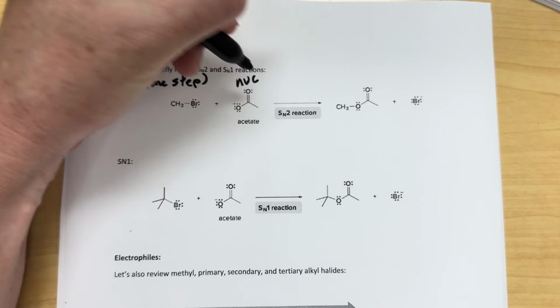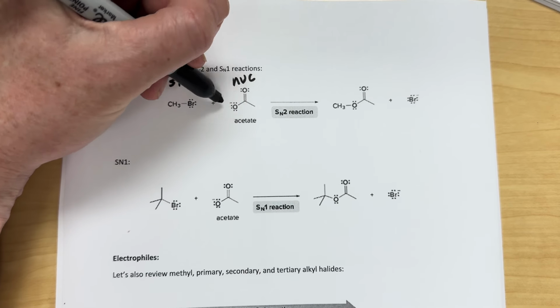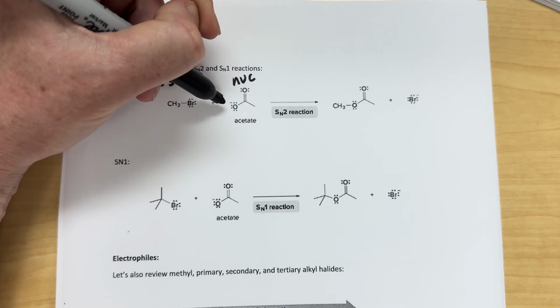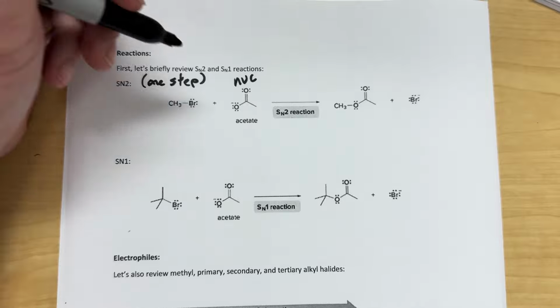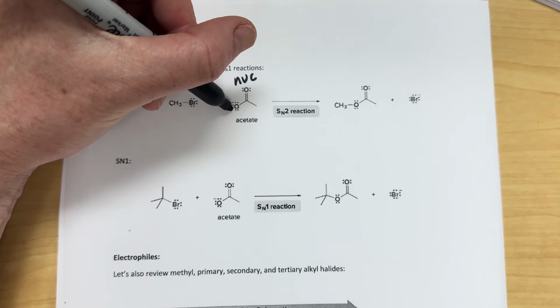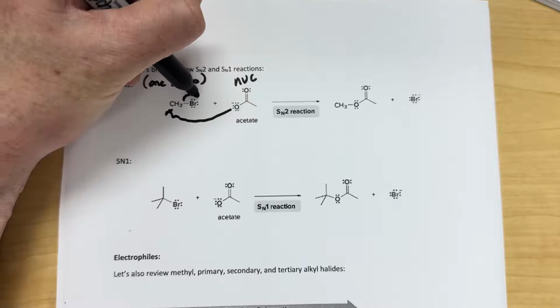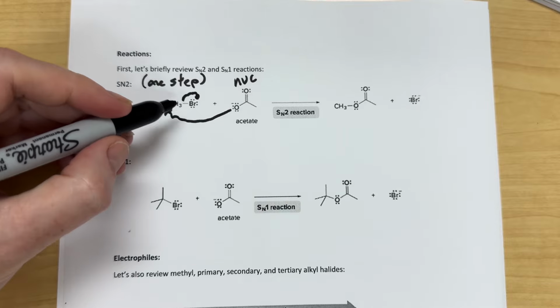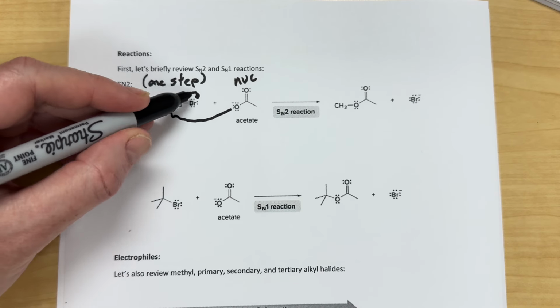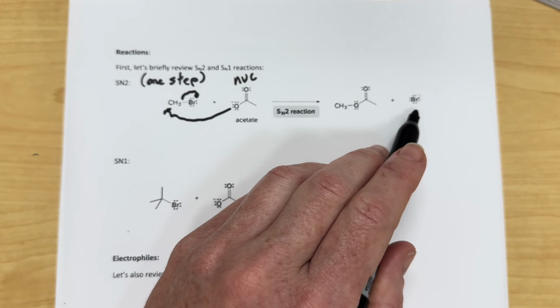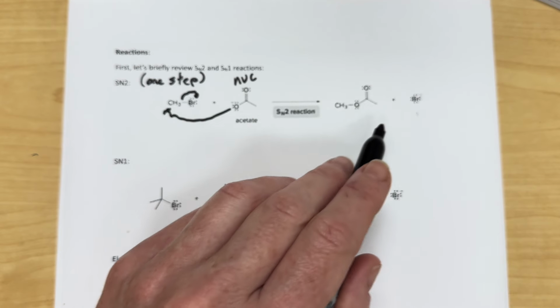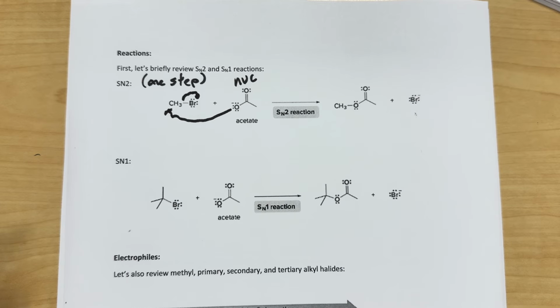The nucleophile has some kind of electron-dense area, oftentimes with a negative charge, but certainly if it's got a lone pair, it can do something. So this lone pair is going to attack that carbon. The electrons that were holding onto the bromine go onto the bromide now, and they join forces, and you get this final product here.